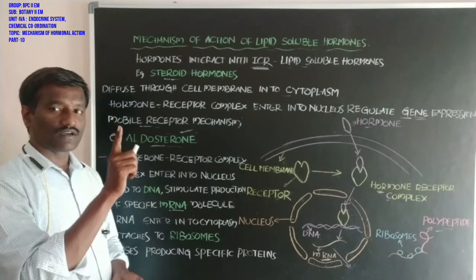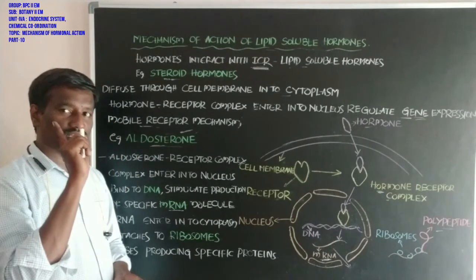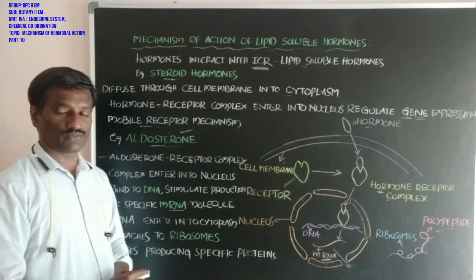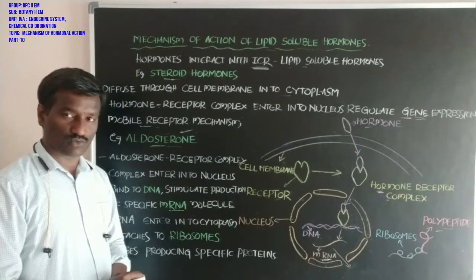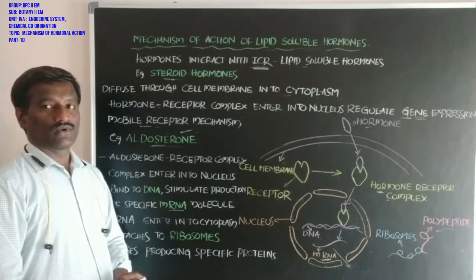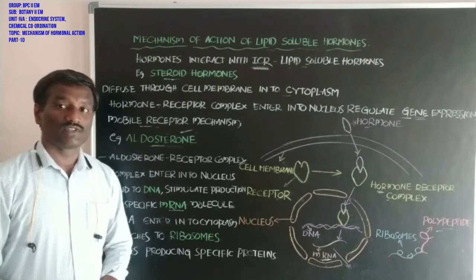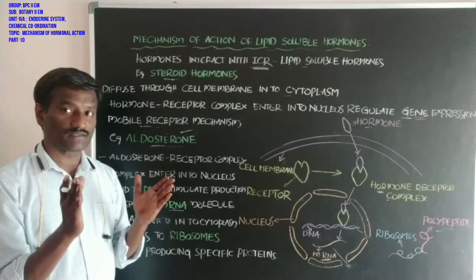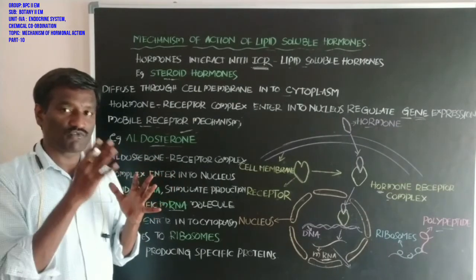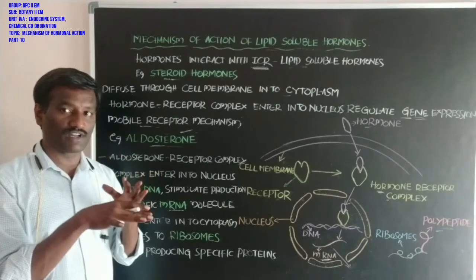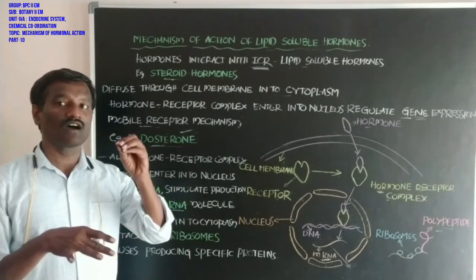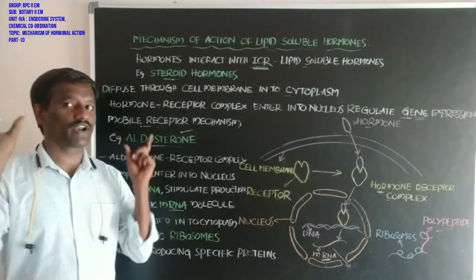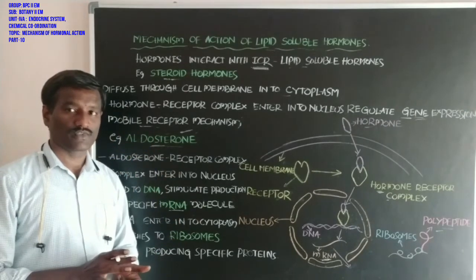Aldosterone acts on the wall of the renal tubule, the cells of the renal tubule. Aldosterone stimulates reabsorption of water and sodium present in the renal filtrate, which passes through the lumen of the renal tubule.